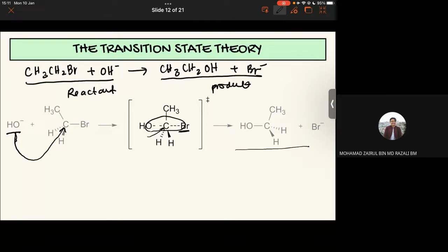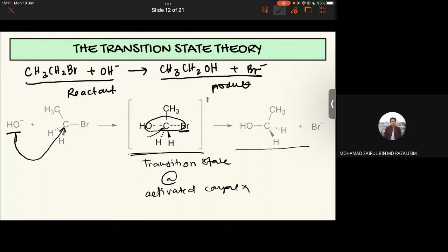Dan transition state ini kita panggil dia sebagai transition state ataupun nama lain dipanggil sebagai activated complex. Dan transition state is very unstable and it's quite difficult to isolate the transition state.